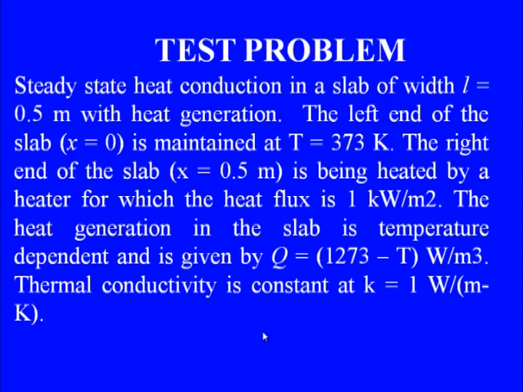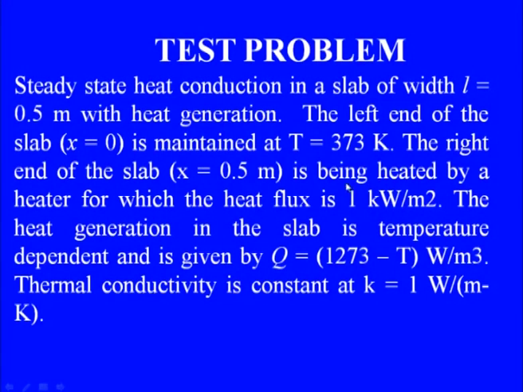In the end, let us have a look at the numerical results for a test problem which we had already solved earlier using finite differences. This was a slab of width L equal to 0.5 meter with heat generation. At the left end we had a Dirichlet boundary condition specified, that is, it was maintained at T equal to 373 Kelvin. The right end of the slab was heated by a heater with the flux given as 1 kilowatt per meter square, and the heat generation in the slab is temperature dependent.